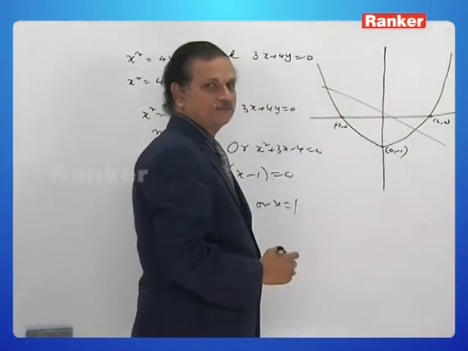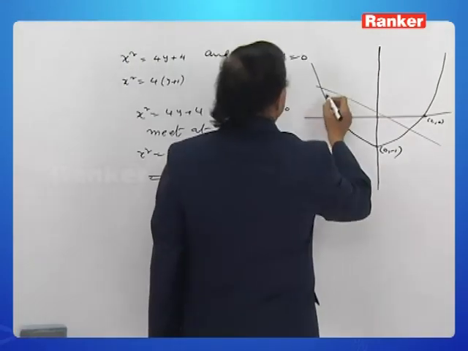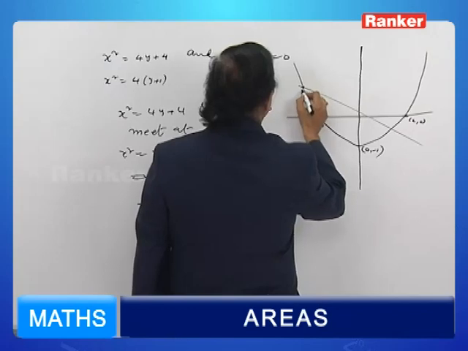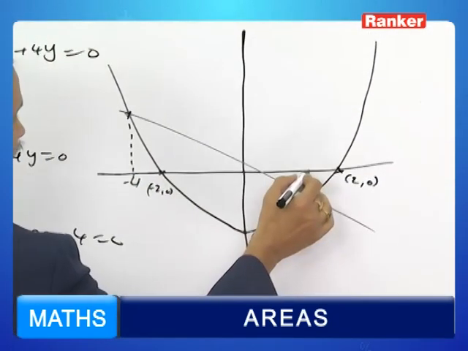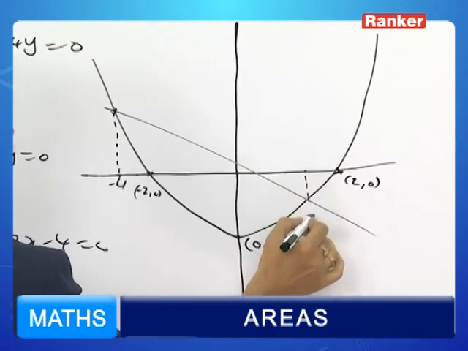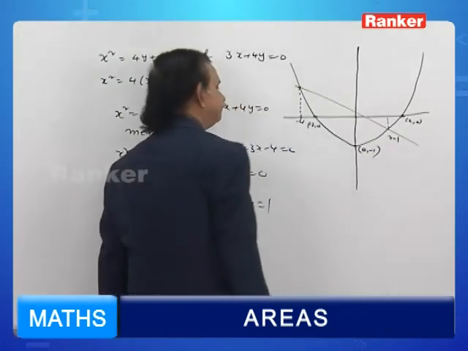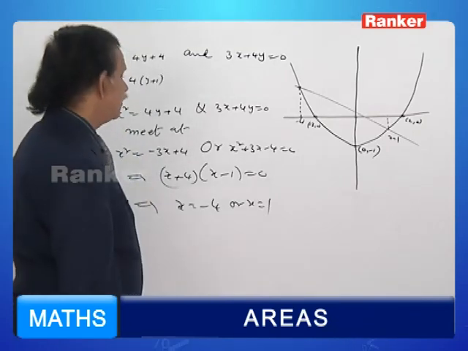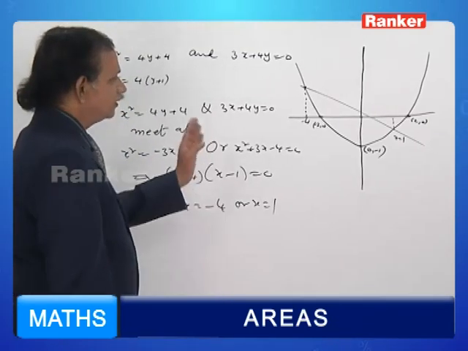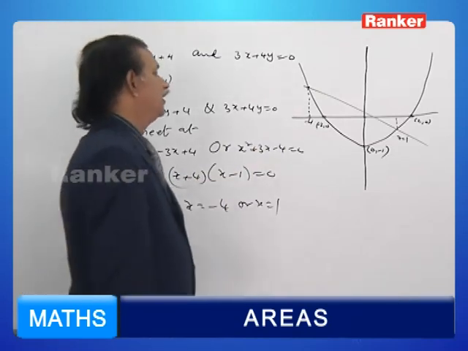Like this it meets. So here x is equal to minus 4, here x is equal to 1. So the required area is between minus 4 and 1.